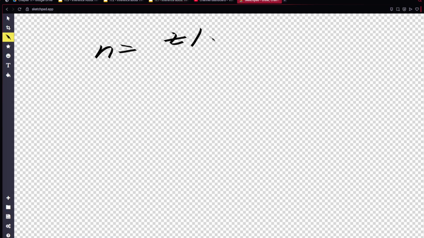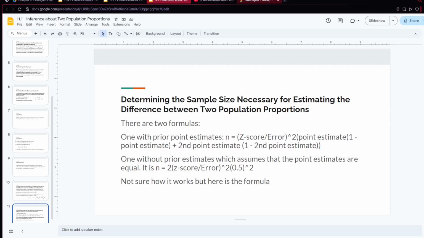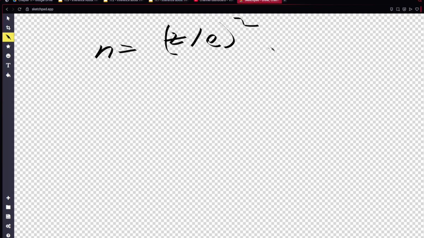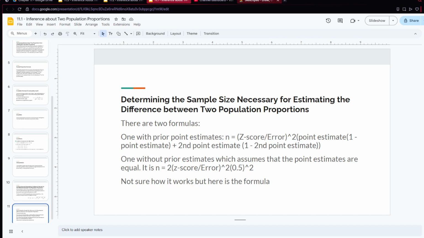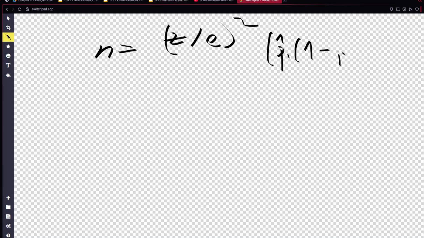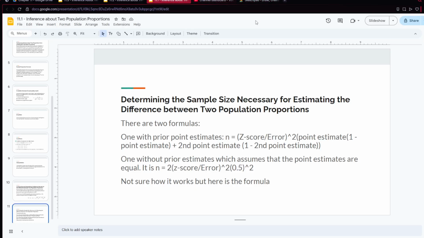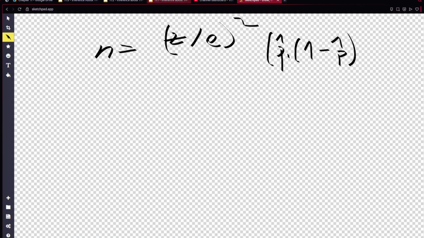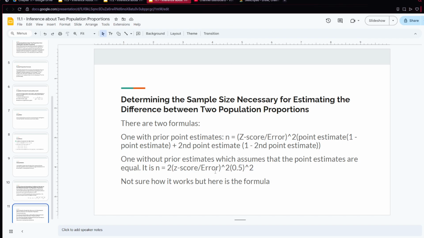So over error, and I'll just write e, I guess, times the point estimate one, which will be 0.1, 1 minus point estimate, and I think it's divided by n, or no, it's plus the second point estimate, p2, 1 minus p2. There we go. And I'm not sure how it works again, but here's the formula for it.